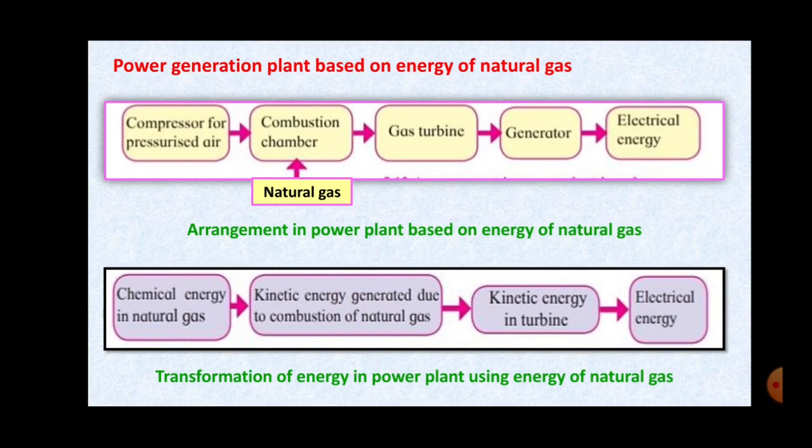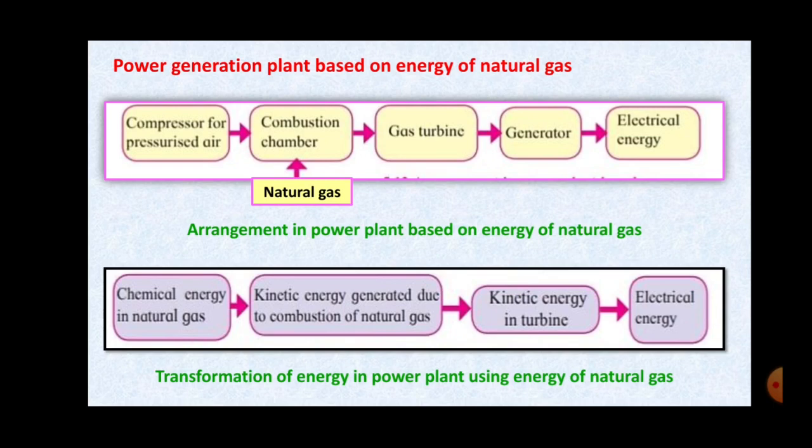Now this kinetic energy is generated in the combustion chamber when natural gas burns in presence of air. So now kinetic energy is generated. This kinetic energy starts rotating the turbine, and then the electrical energy is generated.